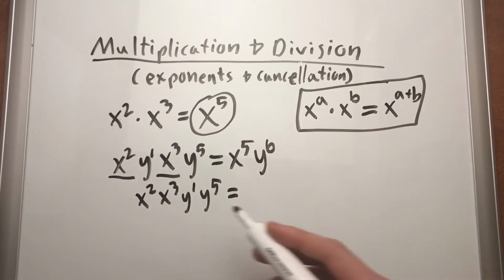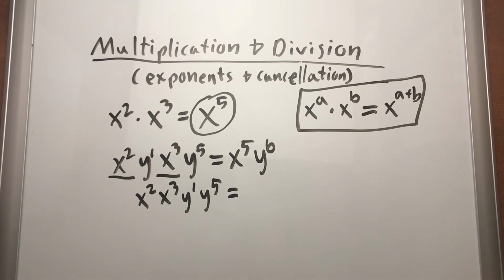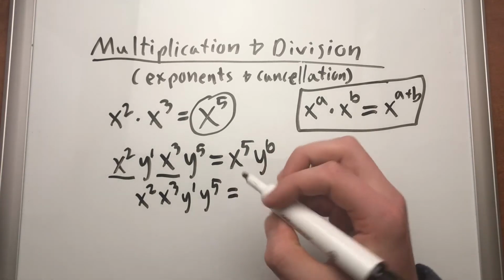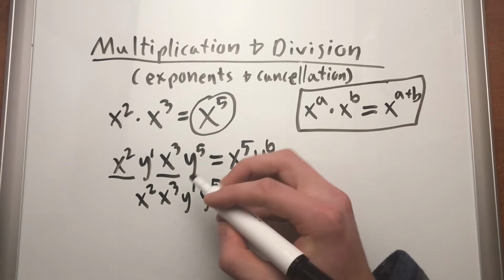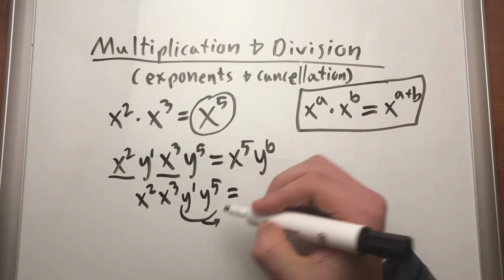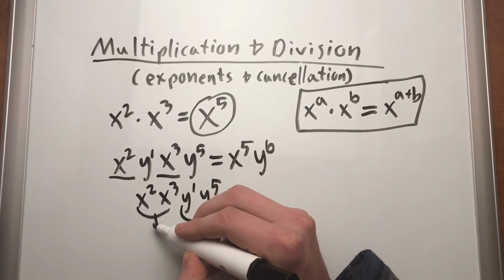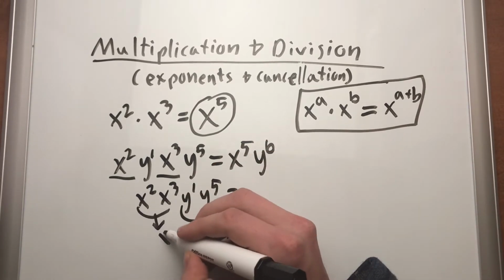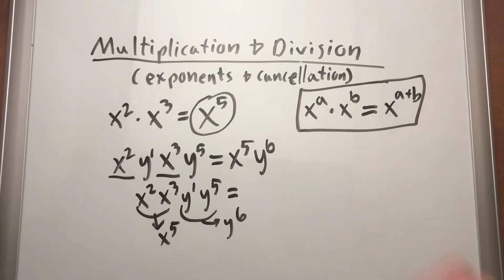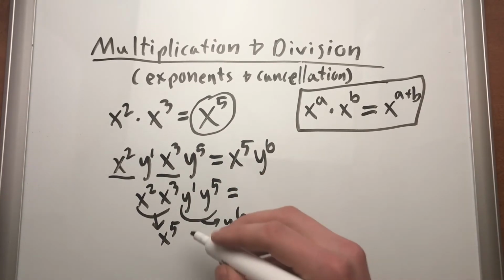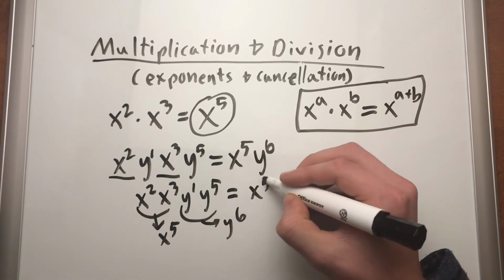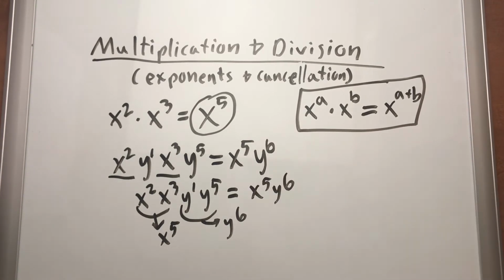Remember, when you're multiplying, the order of your terms really isn't that important. They still will come out to the same solution. So y to the 1 times y to the 5th is just y to the 6th. X squared times x to the 3rd is just x to the 5th. So this is just x to the 5th times y to the 6th.